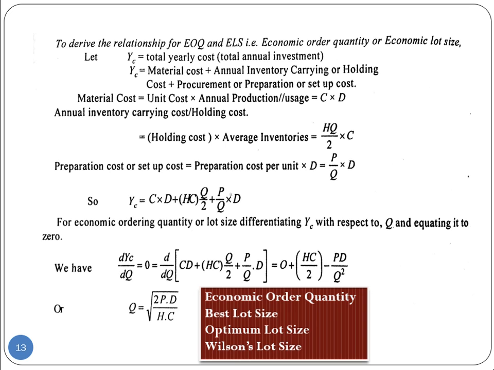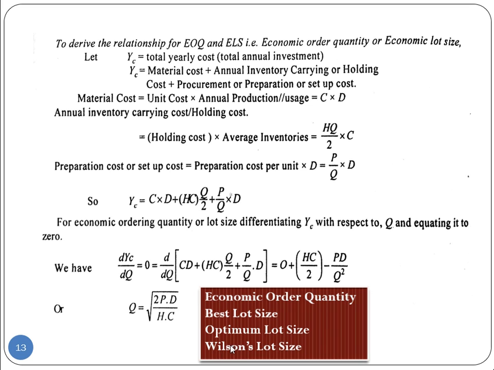This is called the economic order quantity, how much quantity we are going to put in an order so that your inventory cost will be minimum. Another name for this Q is best lot size, or optimum lot size. And another fourth name is Wilson's lot size, which is very important.